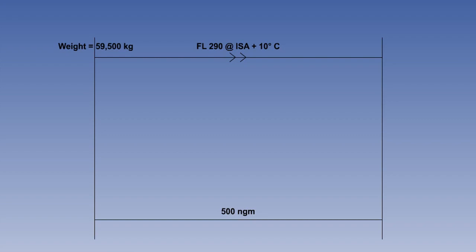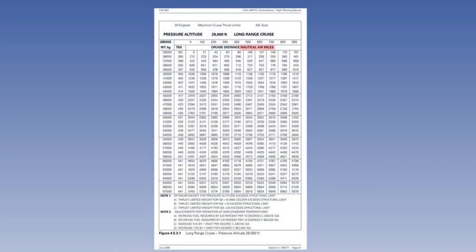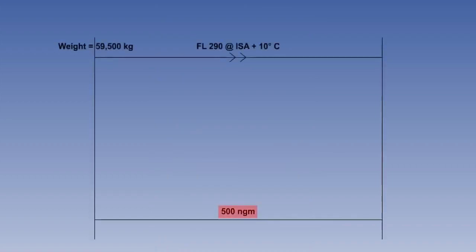The weight at the beginning of the first sector is 59,500 kilograms. The temperature is ISA plus 10. The entering argument for the tables is nautical air miles. So our first task will be to convert our 500 nautical ground miles into nautical air miles. In order to do this, we need the true airspeed and the wind component.